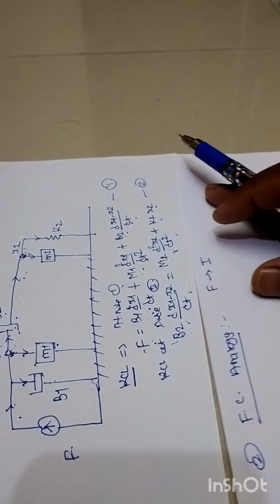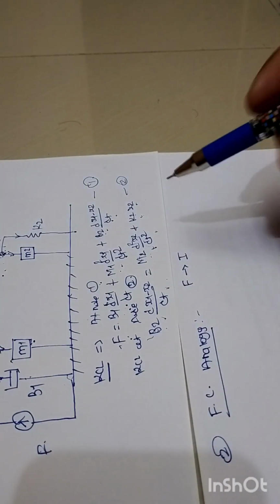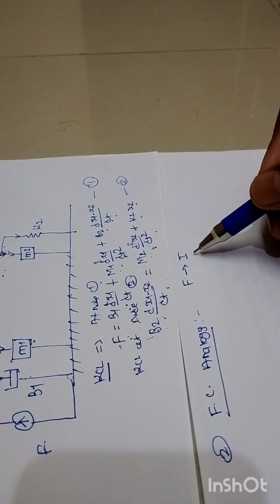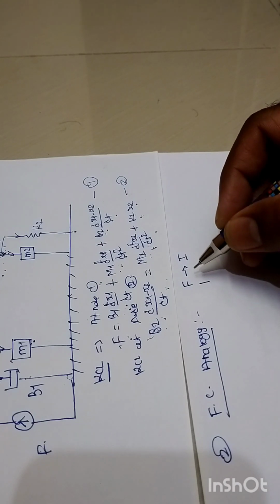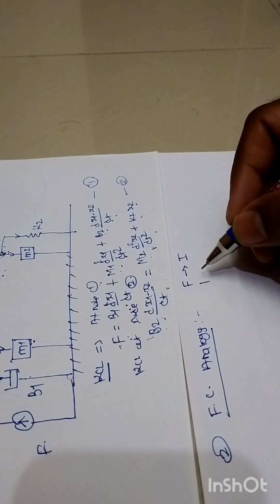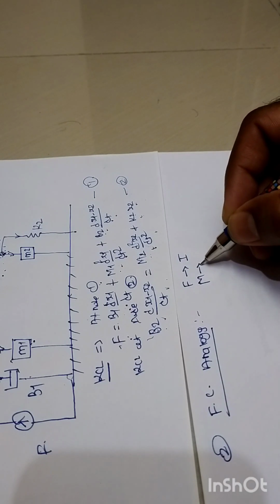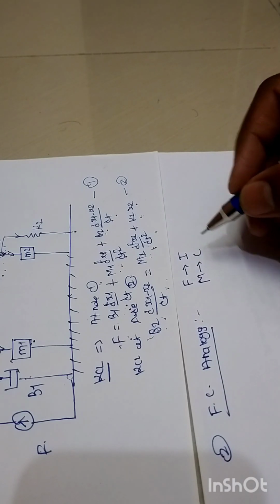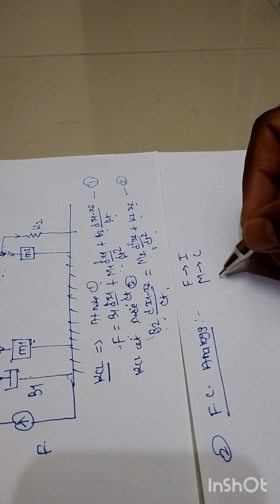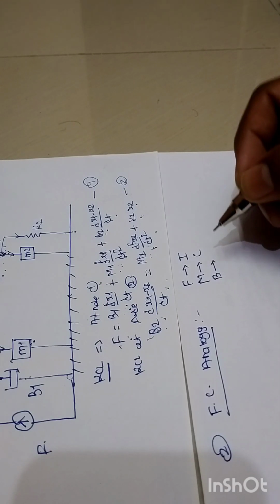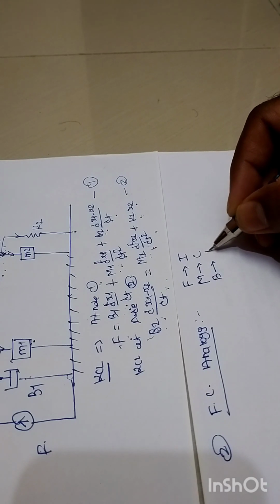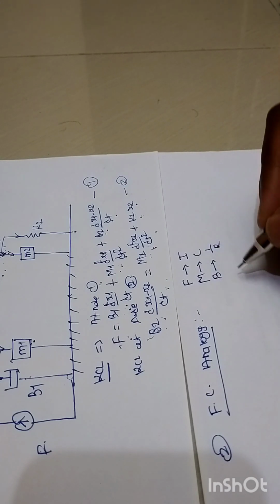So what we need to do in case of this force current analogy: as force is analogous to current, similarly the mass is analogous to C, right? Similarly, the next physical parameter in this mechanical system is the damper, which is denoted by B, right? So this B is analogous to 1 over R in case of force current analogy.